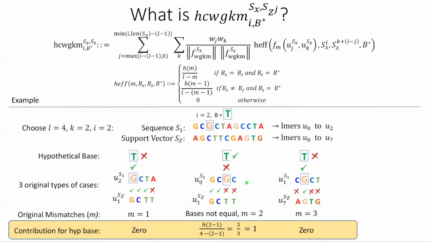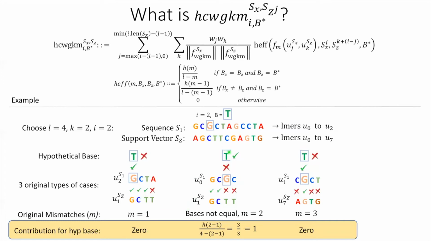In the second case, there was a mismatch at the position of interest, so there was no contribution from this position for this pair of kmers. But the hypothetical base T at the position of interest now creates a match.